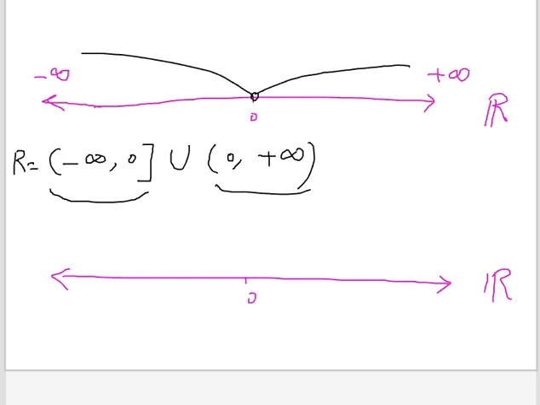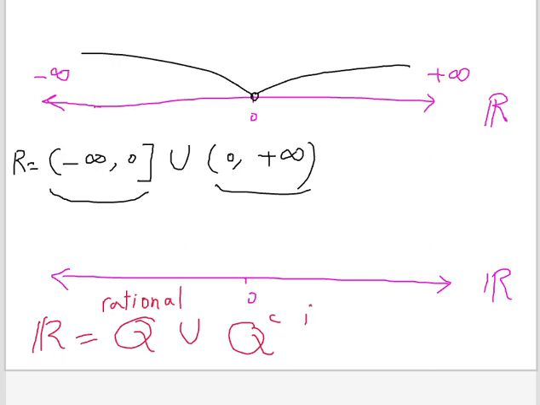I give you another partition for R. R can be written as Q union Q complement: rational numbers and irrational numbers.